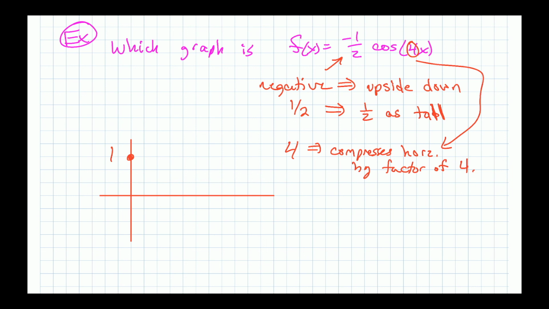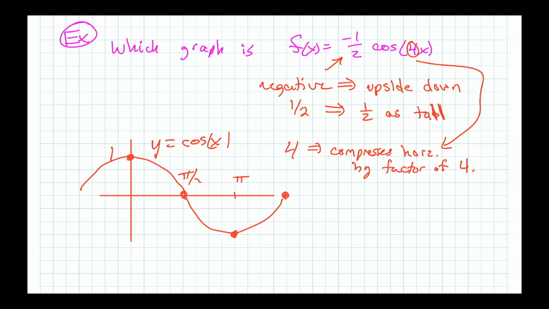Let's say this is pi over 2. This is pi. Then it goes down to 0. And then it goes to negative 1. And it keeps going, so like that. So this is the normal y equals cosine x graph.